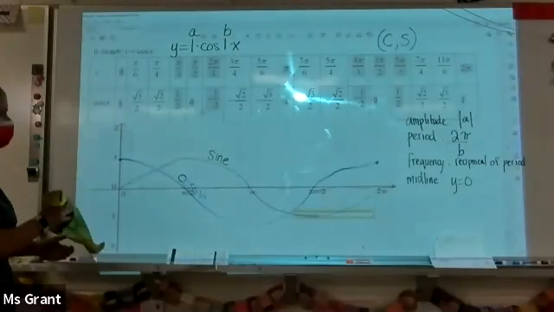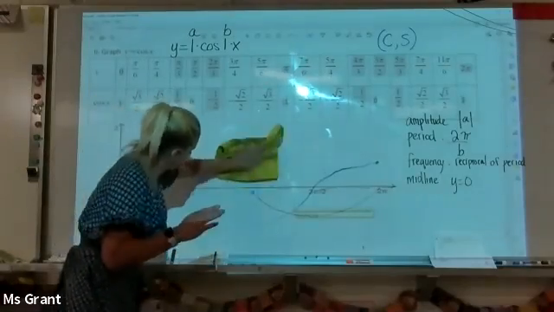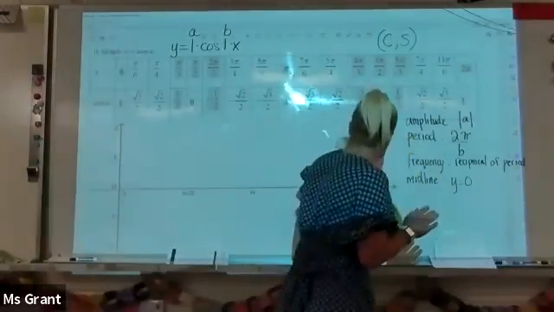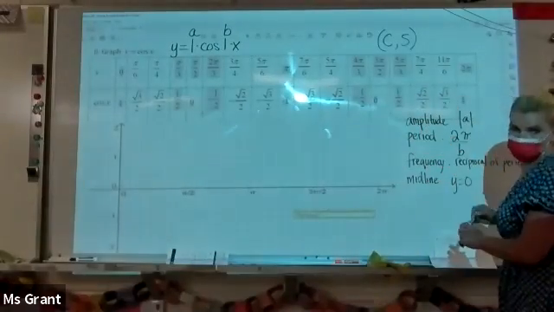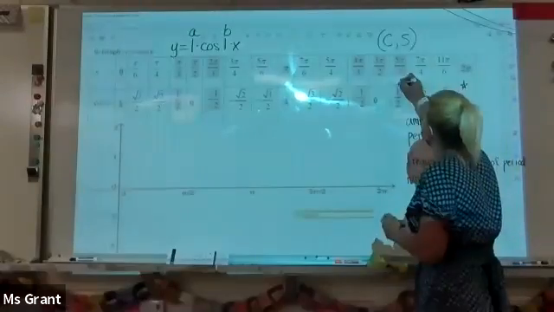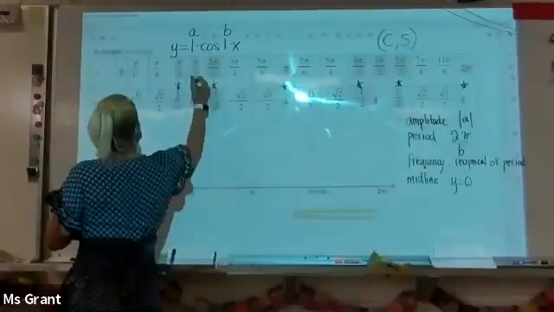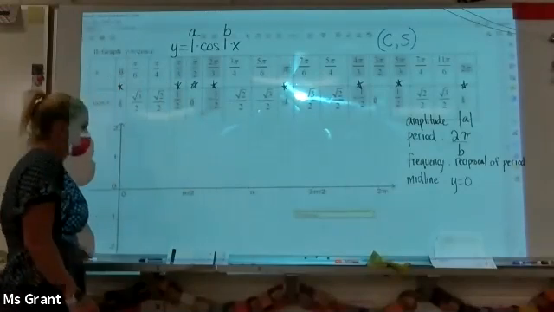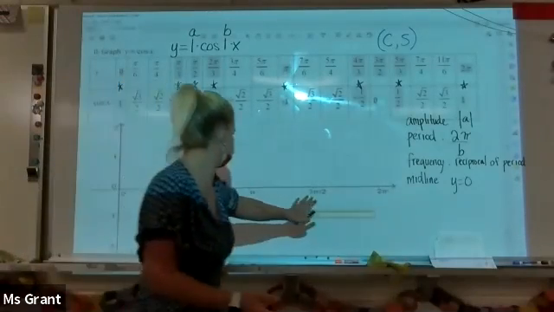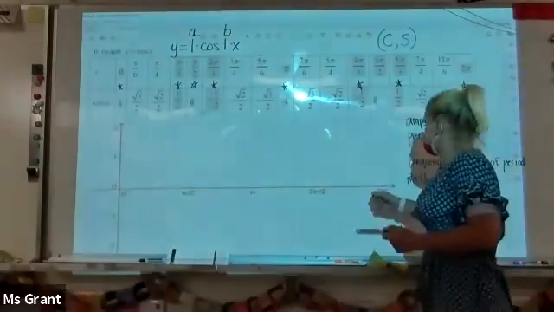And I'm going to actually plot the ordered pairs now. The shaded, most important ones are shaded. Okay, here we go. 2 pi is the period.